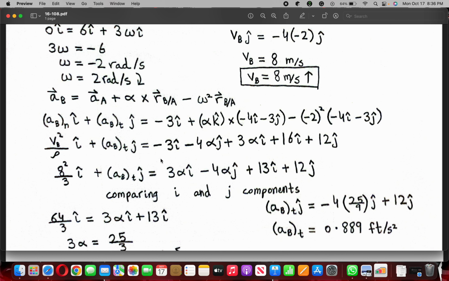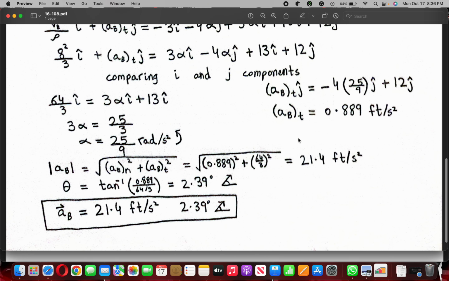Then we simplify the equation on this side, where k multiplied by i is j, and there's a negative, and k multiplied by j is minus i, and the negatives cancel. We simplify by adding the j and i components, and finally we compare both components and get that alpha is 25.9.